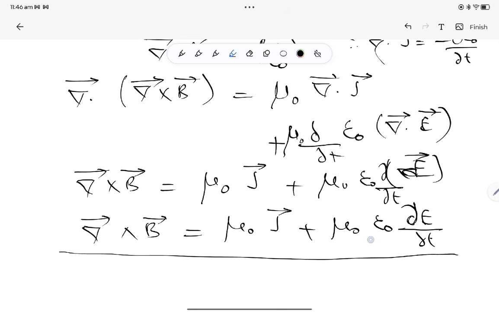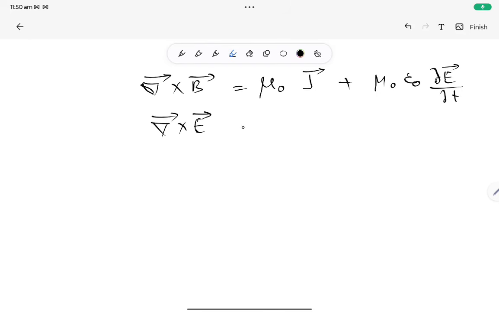Now, this additional term is known as Maxwell's displacement current, and this additional term has something really beautiful for us to know. It tells us that the magnetic field has two sources. One source is current, steady, constant current. The other source of magnetic field is a changing electric field.